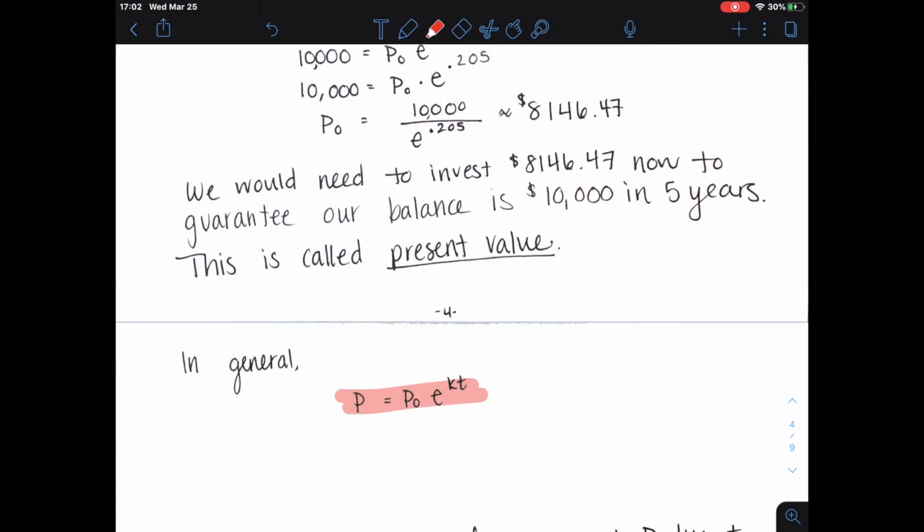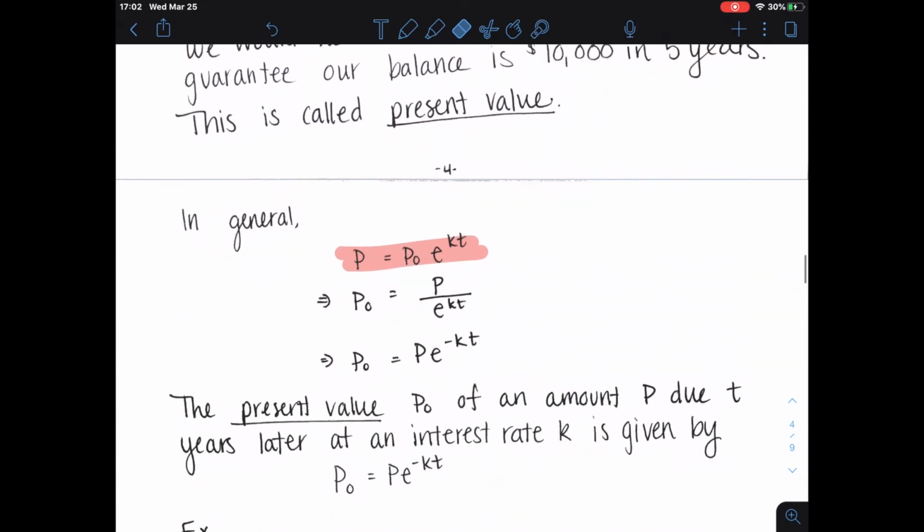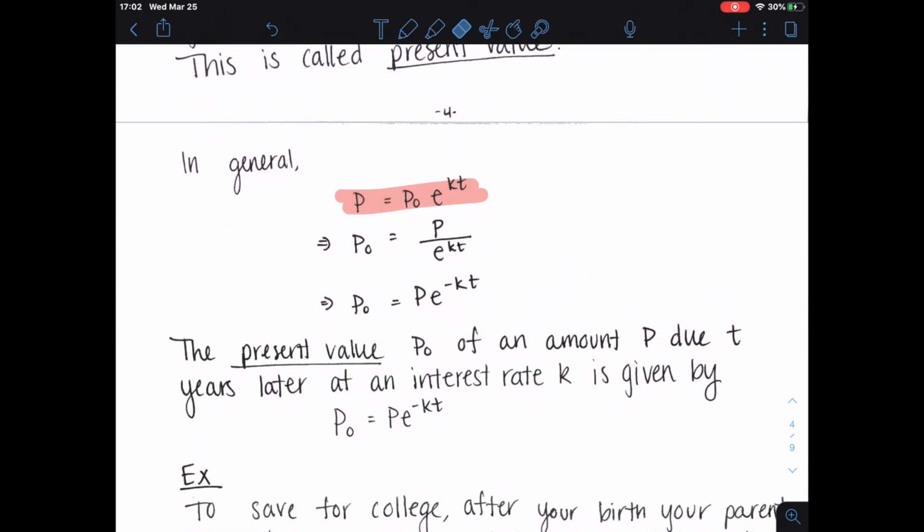So in general, we have this equation, P equals P0 e to the kt. If you want to solve for that present value, you just bring the e over to the other side by dividing it. But anytime you have an exponent in the bottom, you can always bring it to the top as a negative. So the present value, P0, of an amount P due t years later at an interest rate k is given by this formula.